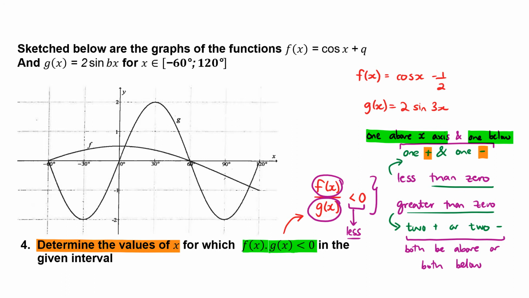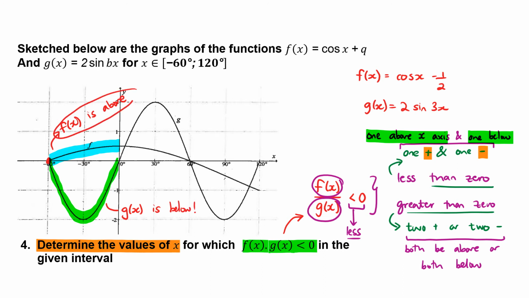So start looking at your function, and we start at negative 60. Do you see that from negative 60 all the way to 0, f of x is above the x-axis? And at the same time, if we highlighted g of x, you'll see that for that entire interval, g of x is below the x-axis.